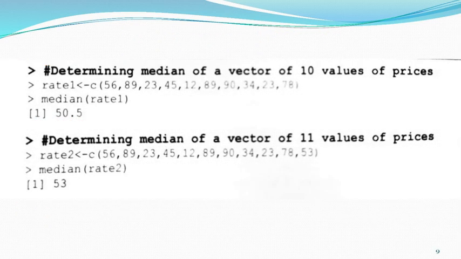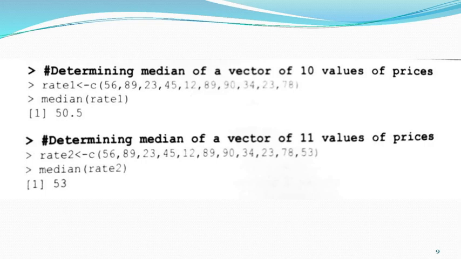This slide gives some examples of calculating median. For determining the median, the values in the vector are first arranged in ascending order and the middle value is taken as the median value. The first function determines the median of a vector of 10 values.